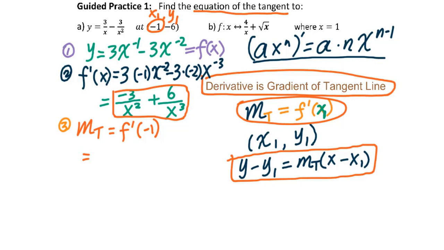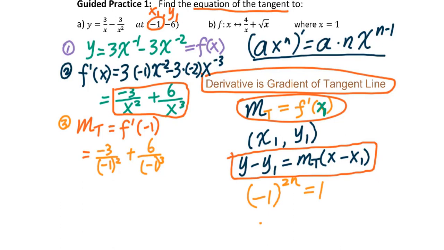You will get negative 3 over negative 1 squared plus 6 over negative 1 to the third power. Here is the formula: negative 1 to an even power equals 1, while negative 1 to an odd power, 2n minus 1, like 3, 5, 7, you will get negative 1.